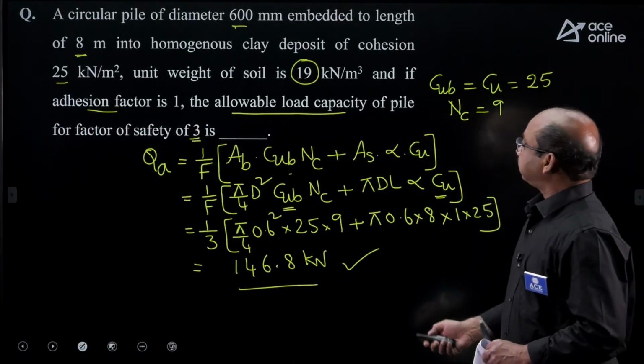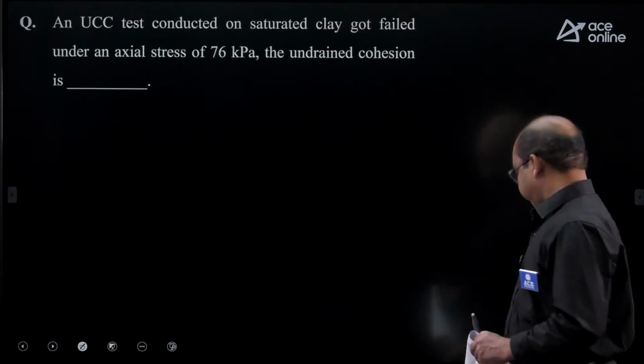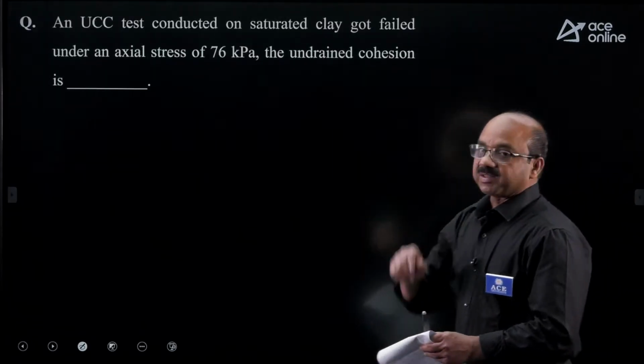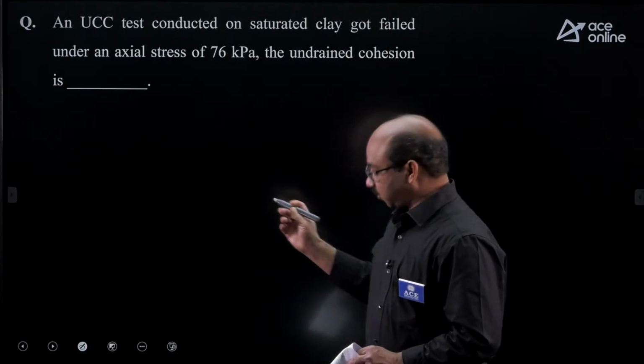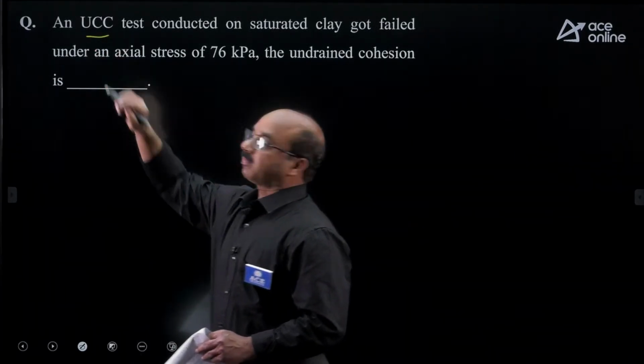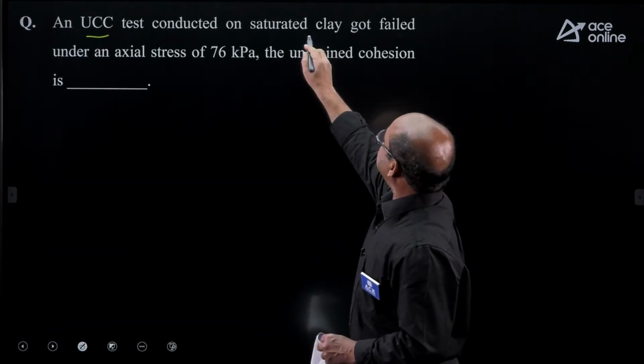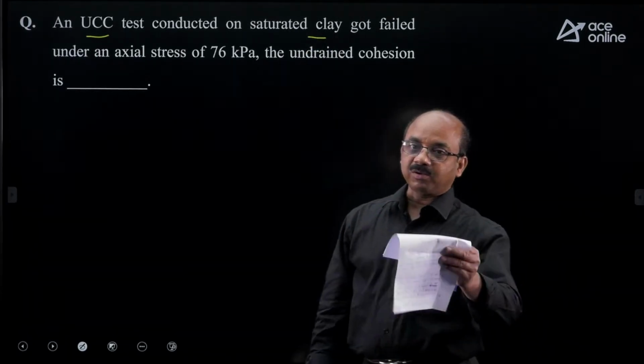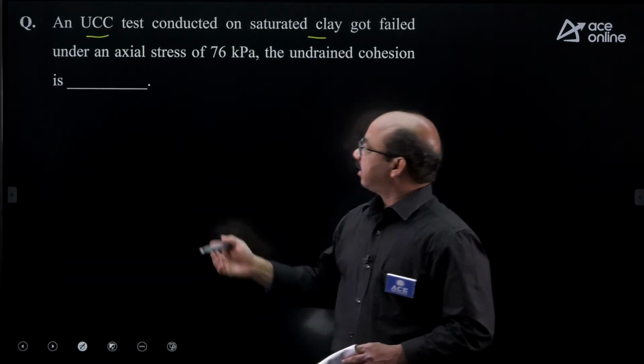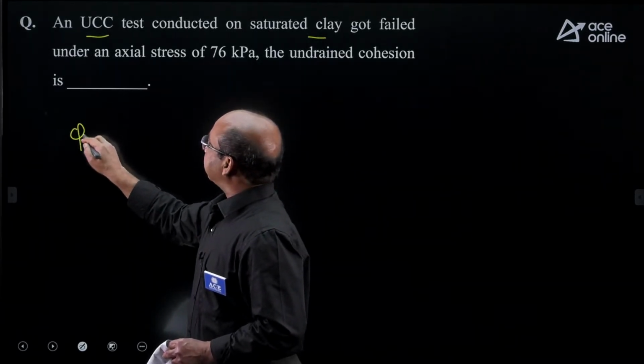Next question. It's a very simple direct question. UCC test is nothing but the abbreviation for the unconfined compression test. You are given the soil as saturated clayey soil. You all know that for a saturated clayey soil, the phi value you can take as 0.